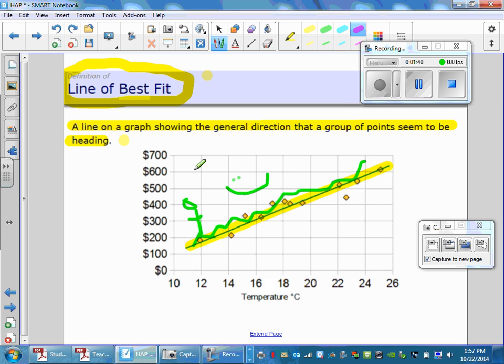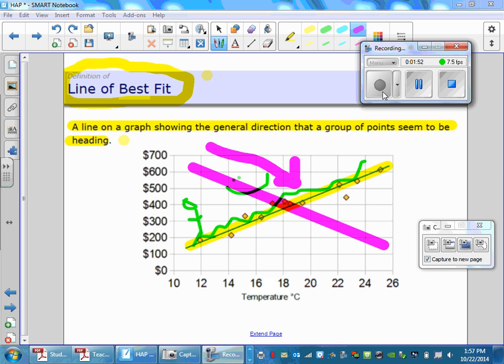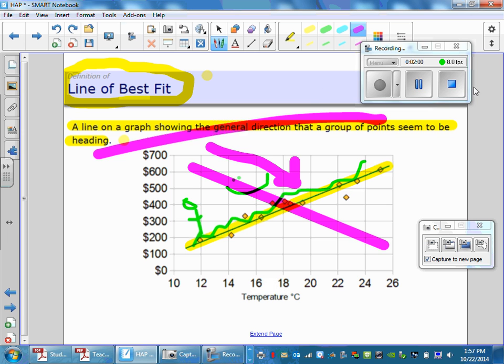If this line of best fit went downhill and the little man was going down, then you would say that the line of best fit is negative. From this slide, please make sure you have your paper labeled and you have the definition. Remember, you can pause anytime if you need to write something down.